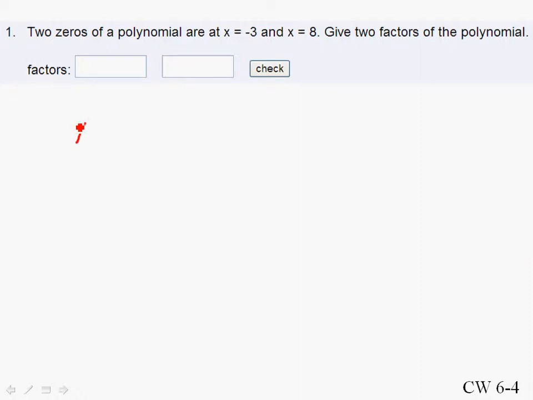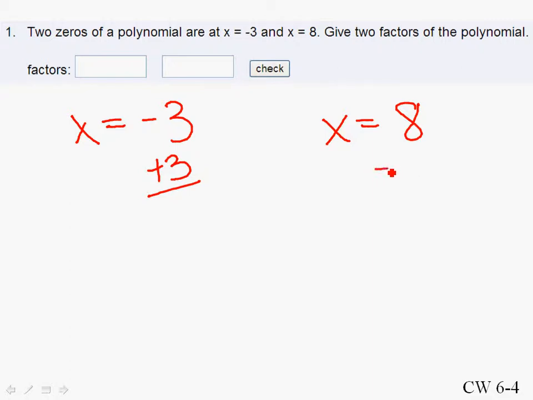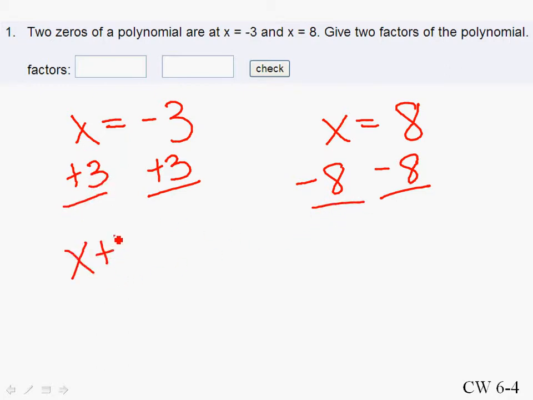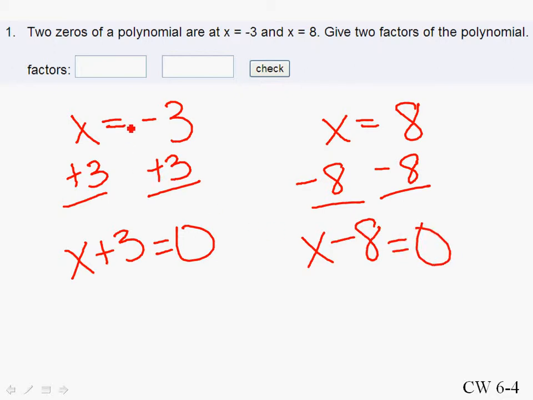So, if x equals negative 3 and x equals 8 are two of our answers, then if we add 3 to both sides to see where it's 0 and subtract 8 from both sides, then we see that our two factors would be x plus 3 equals 0 and x minus 8 equals 0. So our answer is x plus 3 and x minus 8.